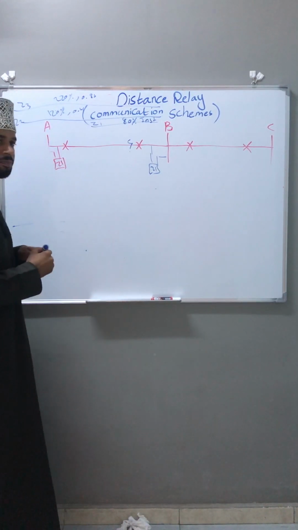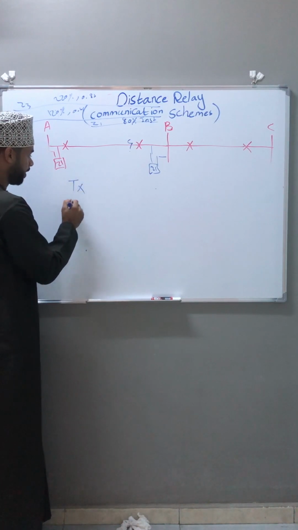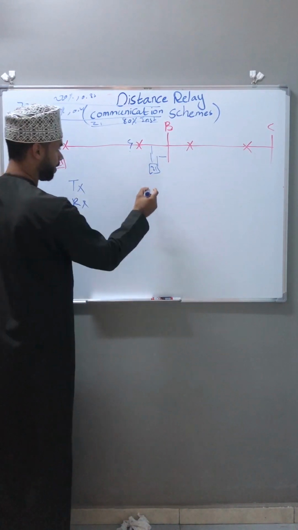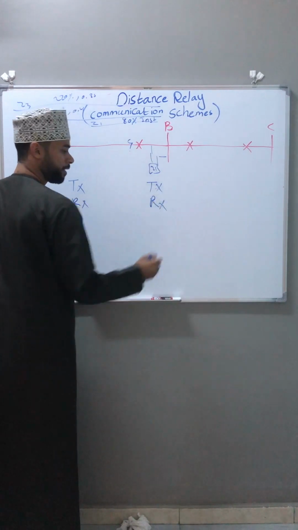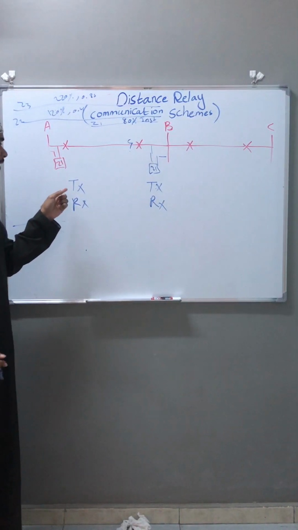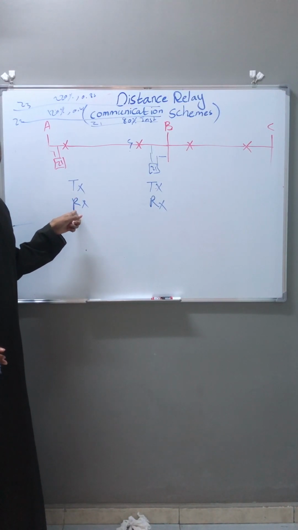In DUTT, in this distance relay we have TX and RX, and again in this distance relay we have TX and RX. TX is only the transfer terminal, and RX is the receiving terminal.